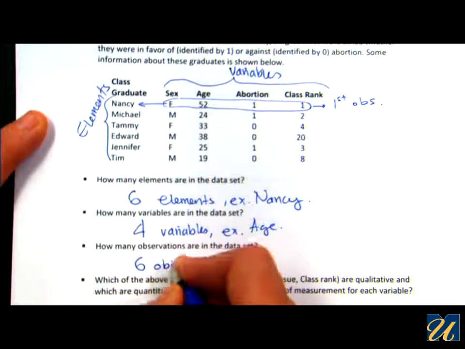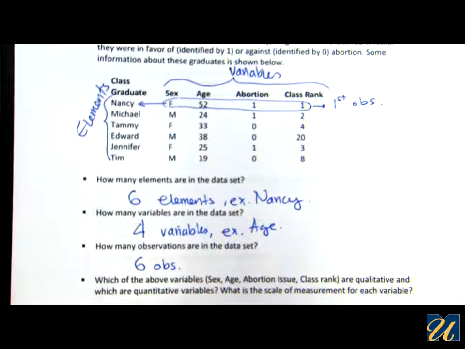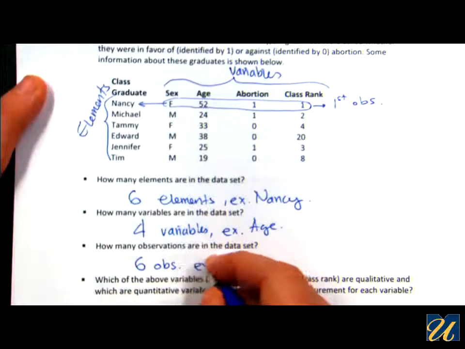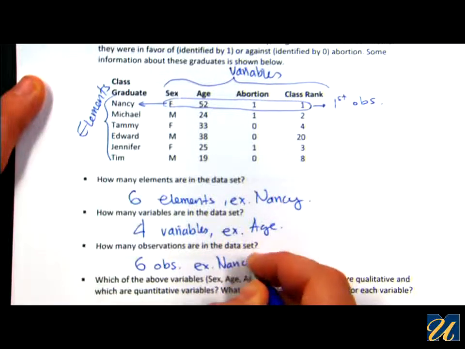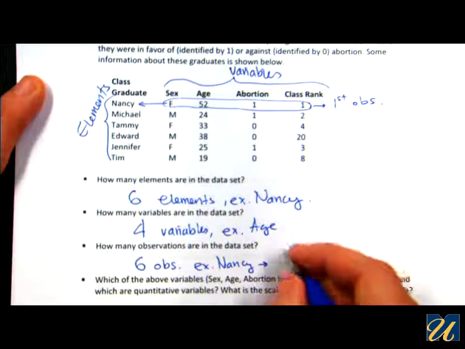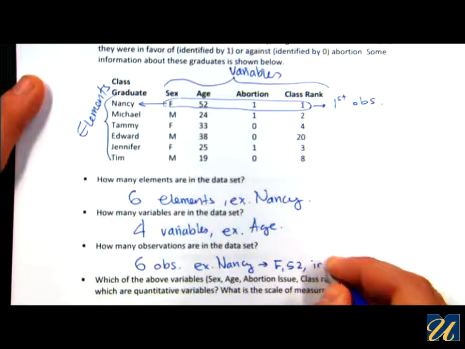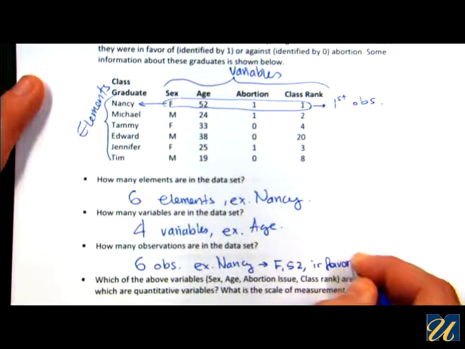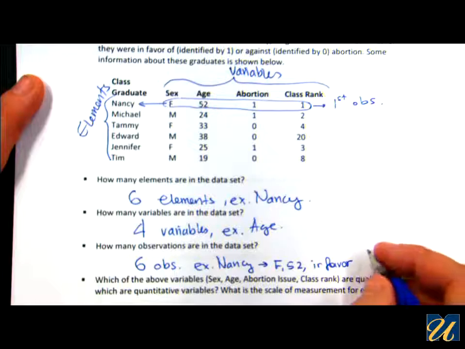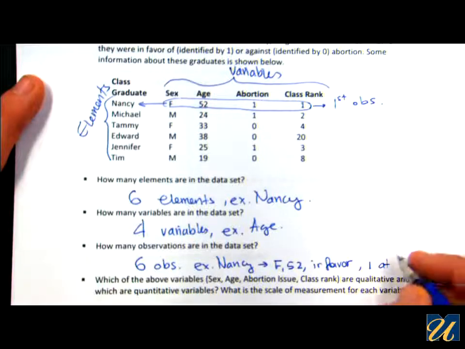So for example, for Nancy, we would say that she's a female, 52 years old, in favor of abortion and one at class rank.